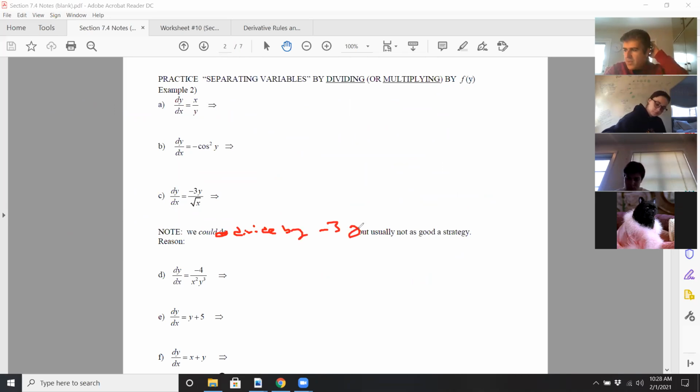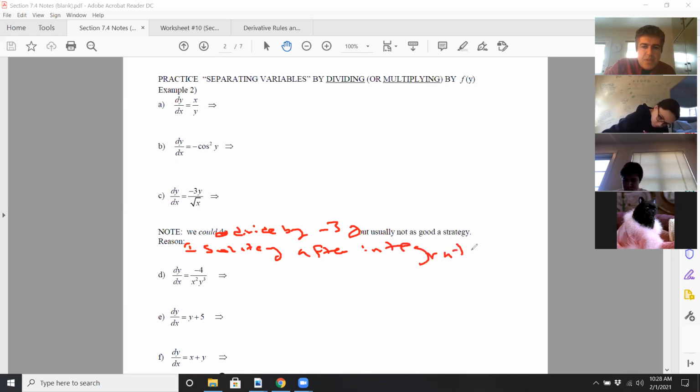But it's not a good strategy. And the reason why is that, remember, you want to isolate y after integration. And that just makes it more challenging if you have that negative 3, it tags along with the y. So really, we'll just move y over to that side. That's what I do. Unless it's like cubed or something, of course, keep it cubed.